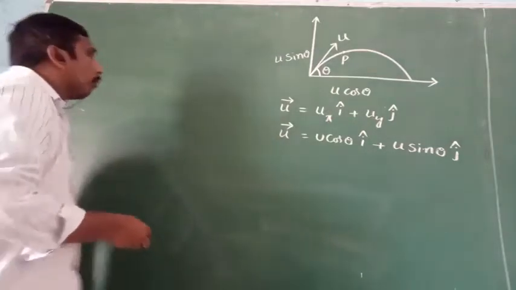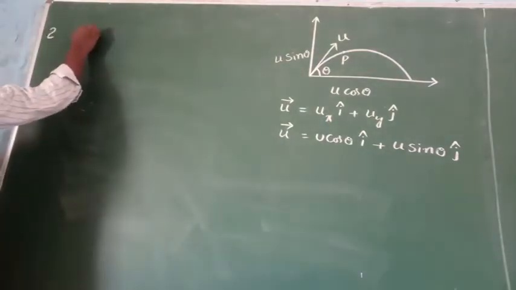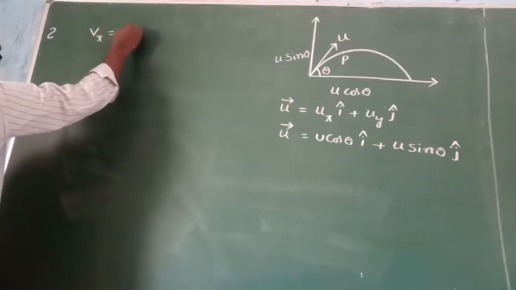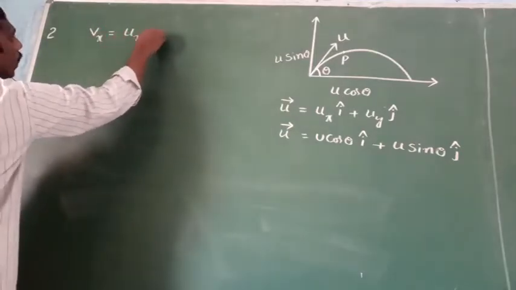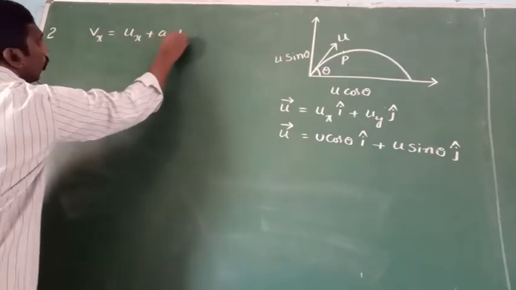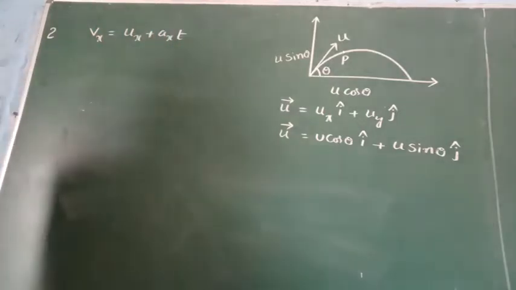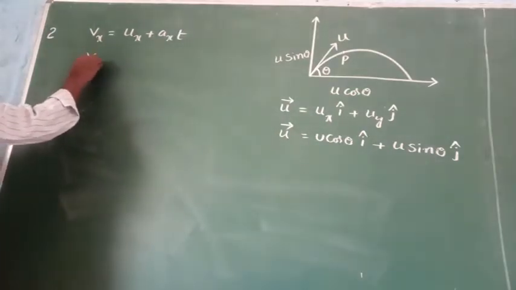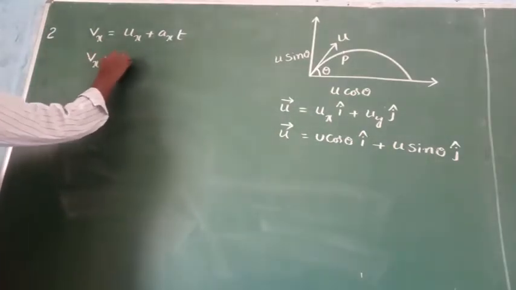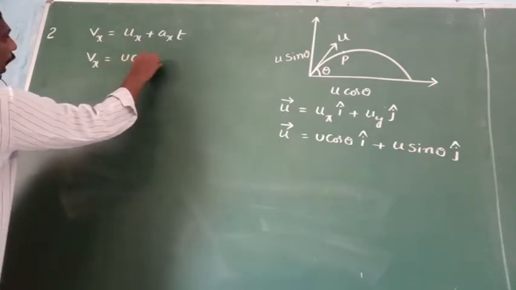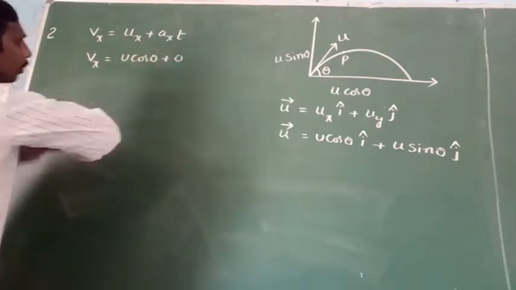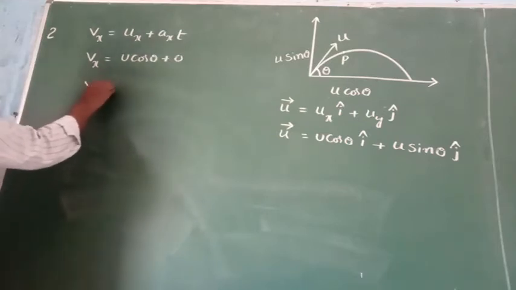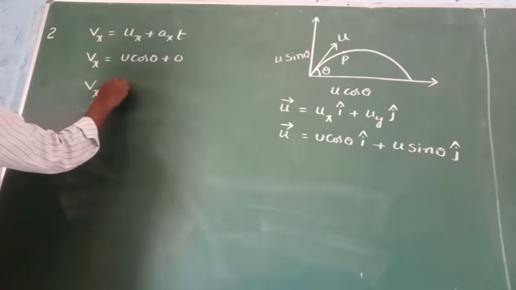The velocity along the x-axis after t seconds is Vx is equal to ux plus ax into t. But acceleration along the x-axis is equal to 0. That's why the velocity along the x-axis Vx is equal to ux is equal to u cos theta.